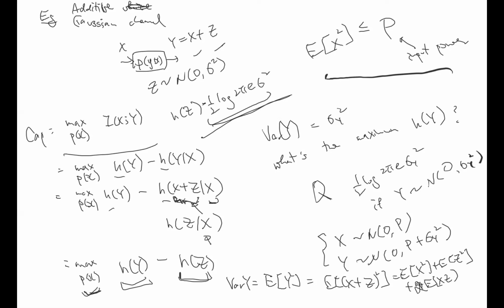I know that X and Z are independent, right? When they are independent, you can easily show that this is equal to expectation X times expectation Z.